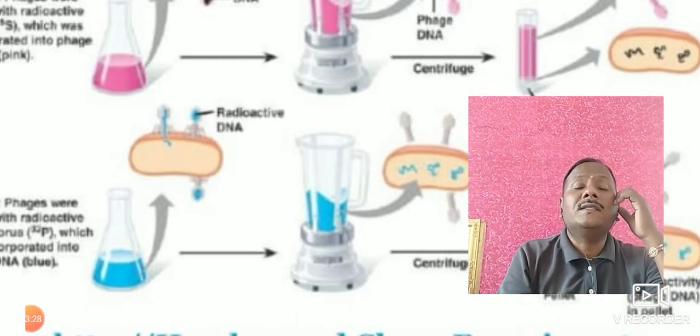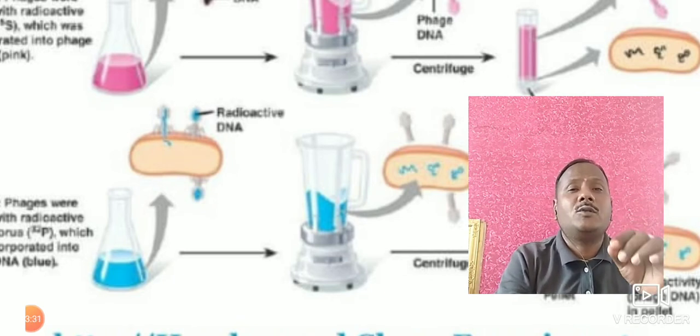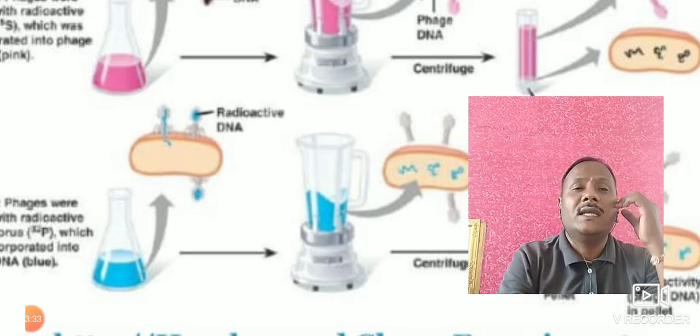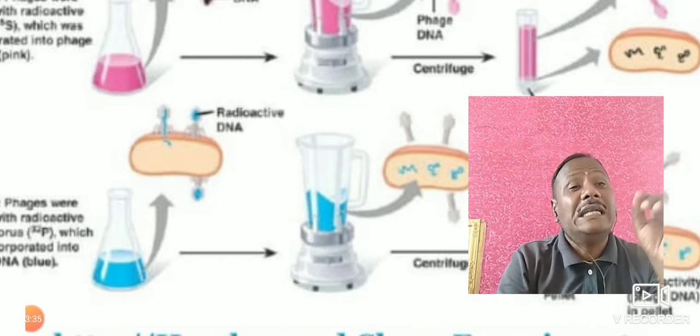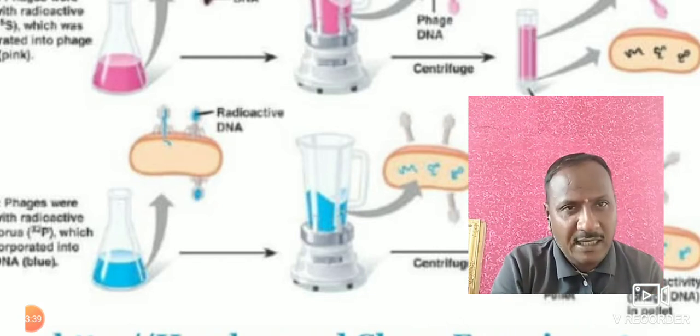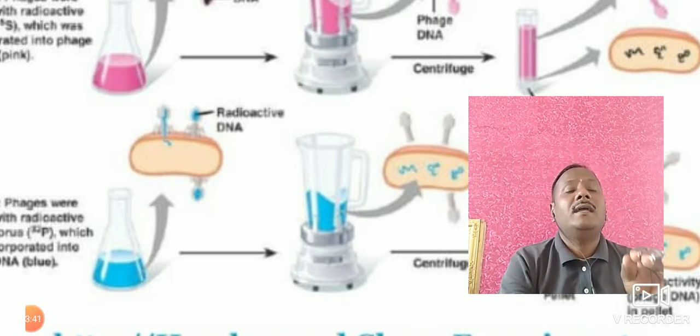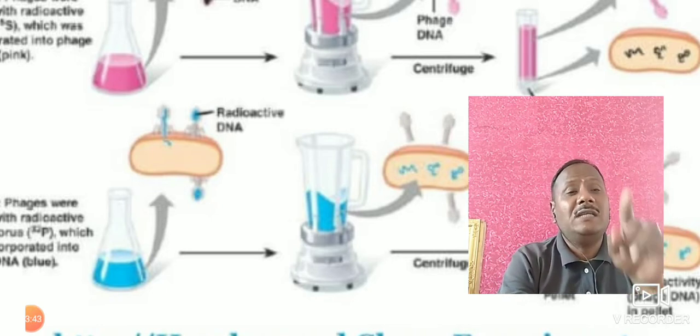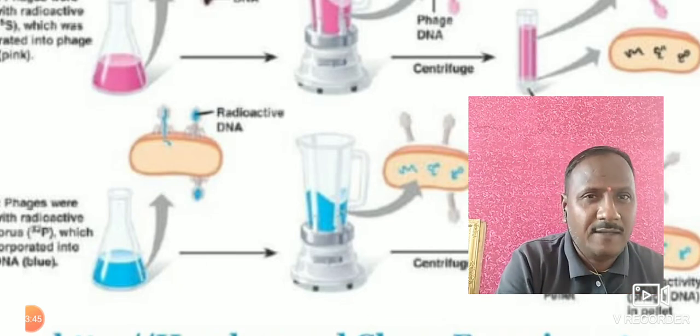So what happens? The radioactive phosphorus attaches to the DNA, because phosphorus is part of DNA, and that's why the bacteriophage DNA becomes radioactive DNA.